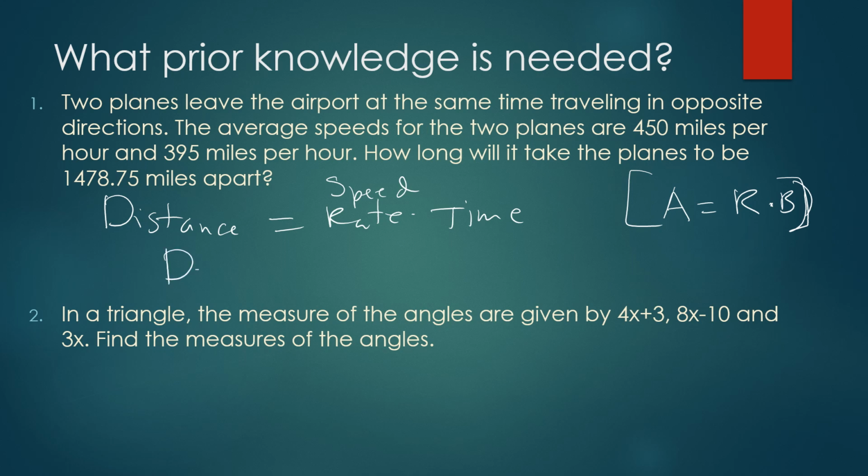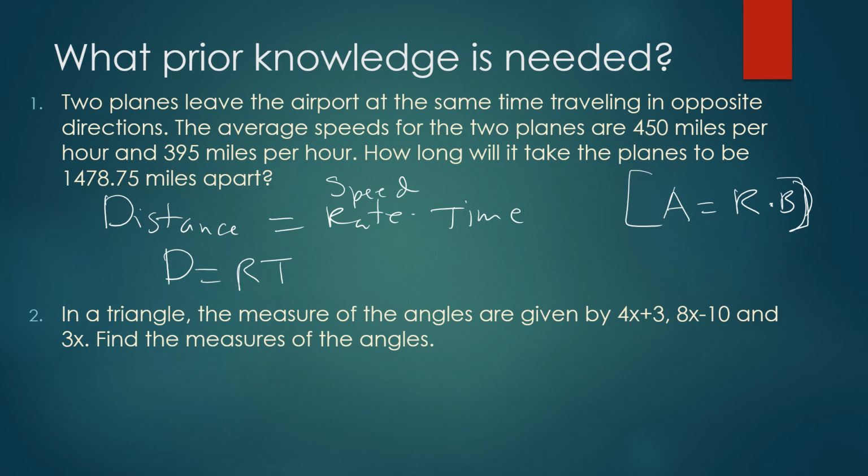Shorthand, D equals R times T, which notice the parallels between this and this. The relationship is the same, but we specifically put different variables here to represent distance. But again, if distance was amount, and our speed was our rate, and our base was our time, we would have the same relationship.